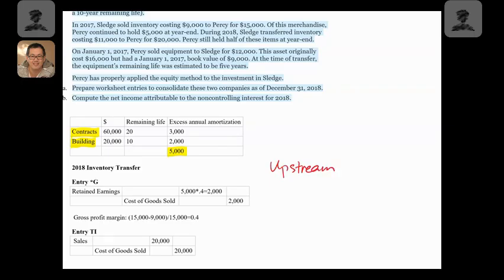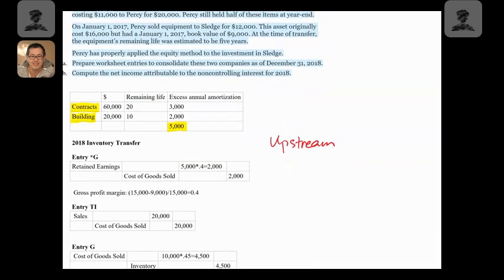And then the cost or the adjustment involved in those entries are going to impact the subsidiary company's adjusted income.